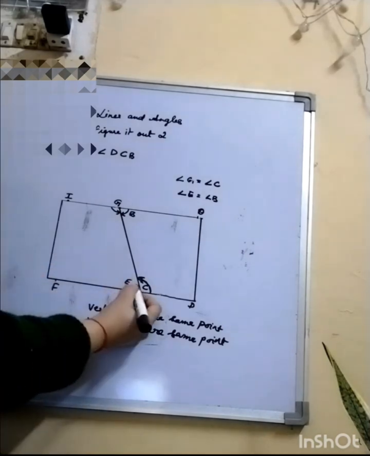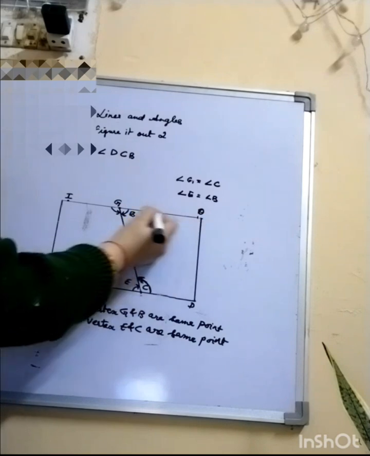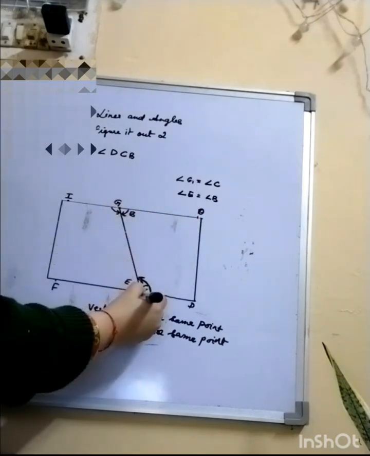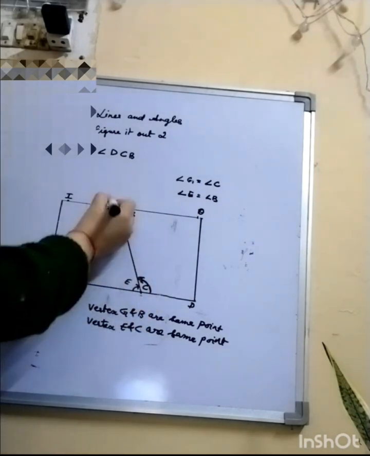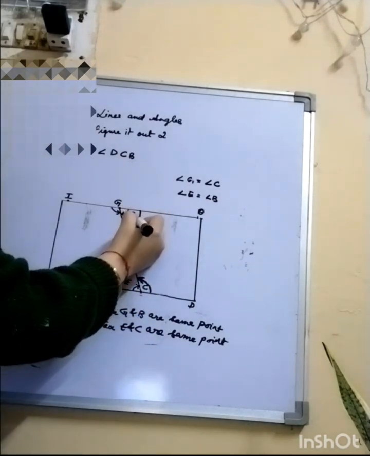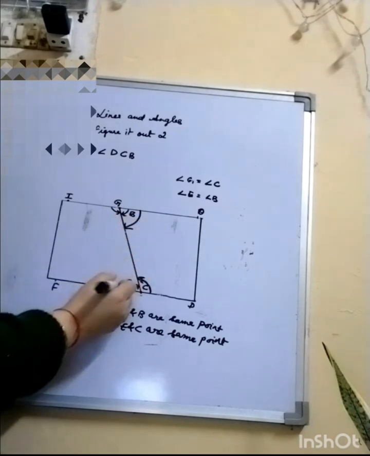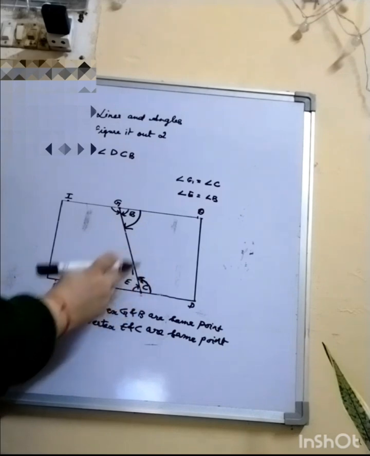And what other angles were formed? One angle is OBC and the other is FEG. These two angles I am talking about, OBC and FEG.